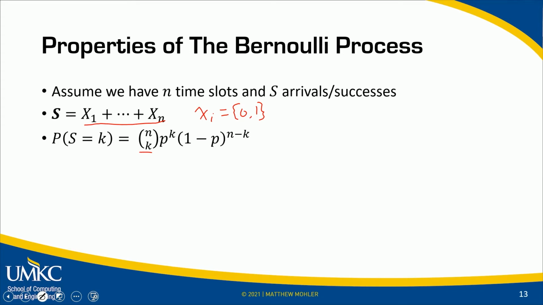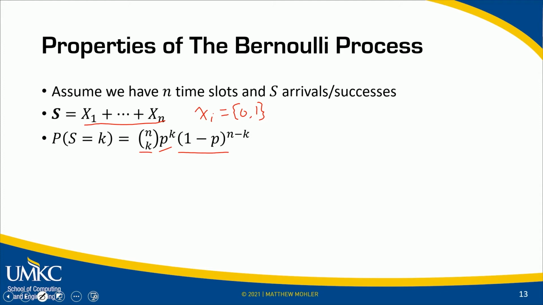We then multiply that by p raised to the kth, the probability of success to the kth power, and then multiply that by 1 minus p to the n minus k. Again, this is the probability of failure raised to the power of the number of failures. This is a pretty simple formula, but it is the formula we can use to determine the probability of k successes in a Bernoulli process with n time slots.